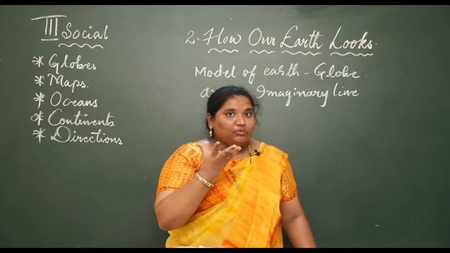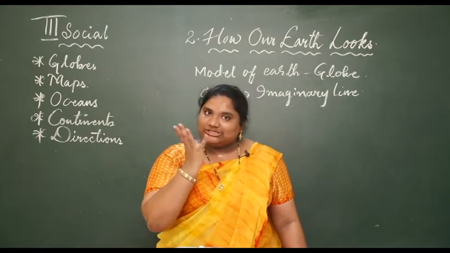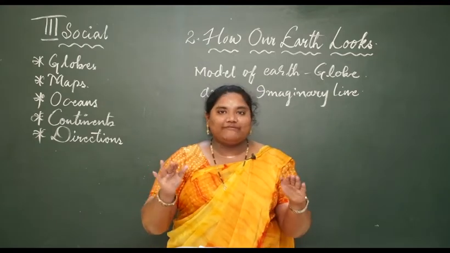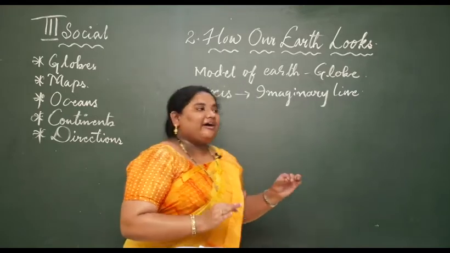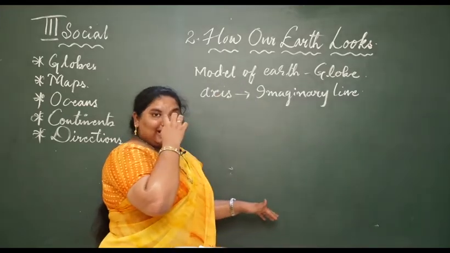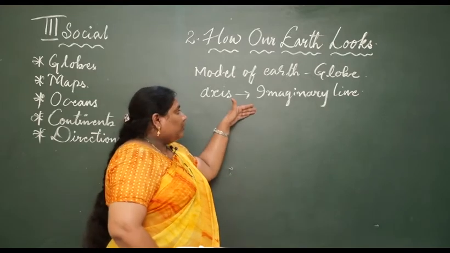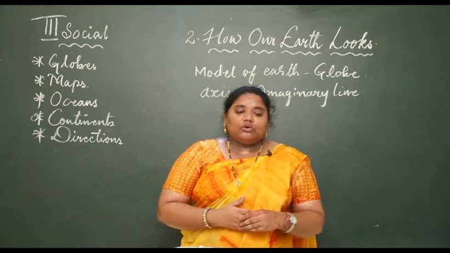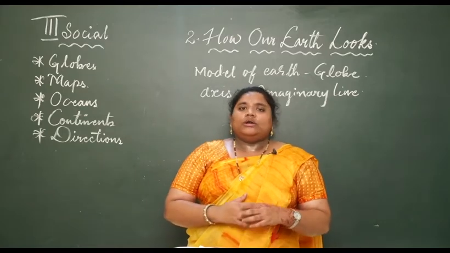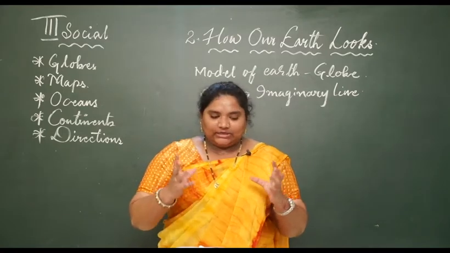As the shape of the Earth is round, it does not have a start point and an end point. So that is why we have two poles, the imaginary line, that is North Pole and South Pole. So the globe is also round in shape, same like Earth.